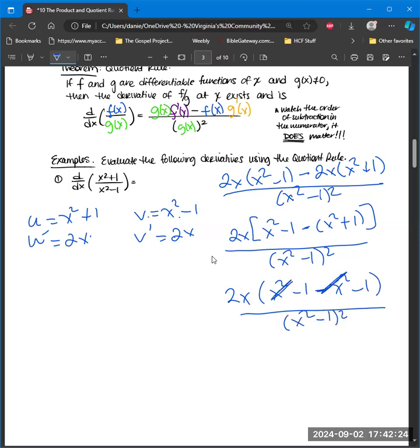X squared minus x squared is 0. 2x times a negative 2 over x squared minus 1 quantity squared is a negative 4x over x squared minus 1 quantity squared.